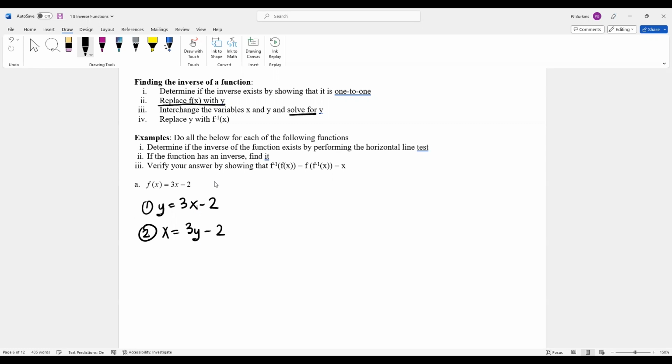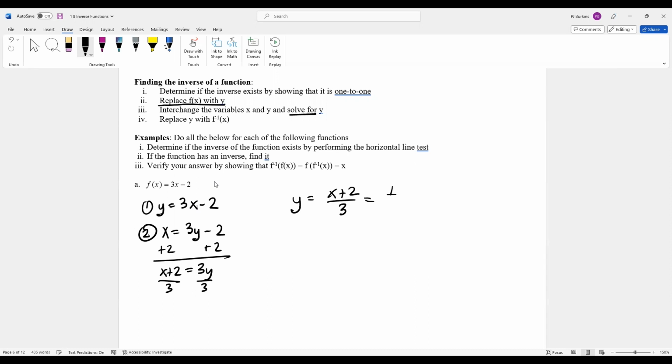Now it says go ahead and solve for y. So to get y by itself, I need to add 2 to both sides. Then I need to divide by 3 everywhere. So I get y equals x plus 2 divided by 3.